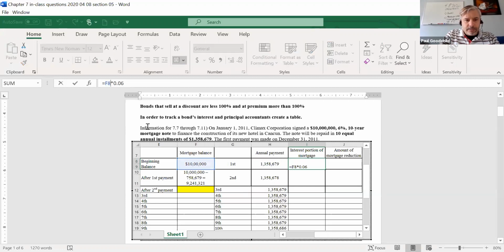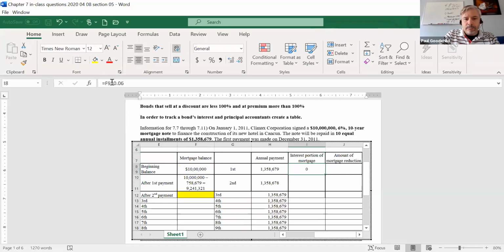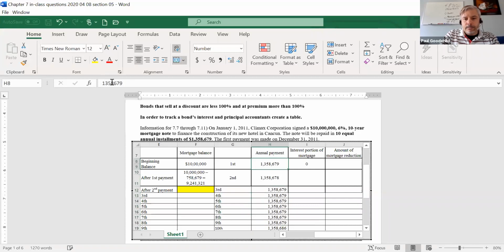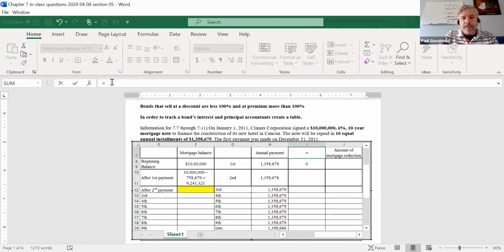That must be a double, so. No, that's not working. All right, I'm gonna have to type it in. Give me 1 second here. So this would be $10 million multiplied by 0.06, and that would equal 600,000.